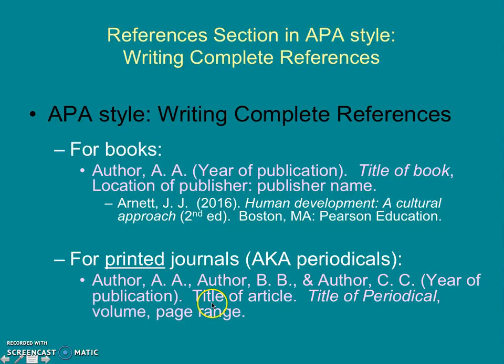Then the year, the title of the article, and then the title of the periodical or journal. Notice here that the title of the periodical is the thing that is in italics. It's not the title of the article. So this is a little bit different.